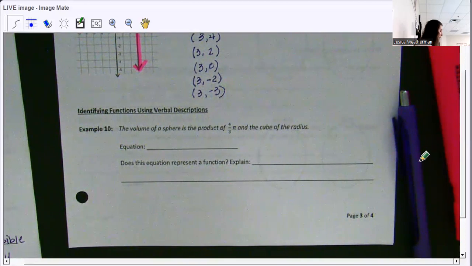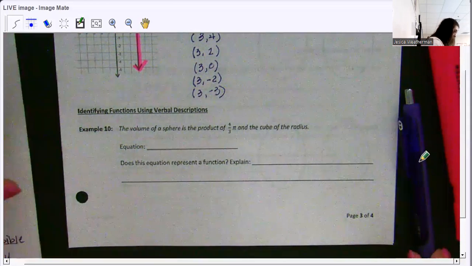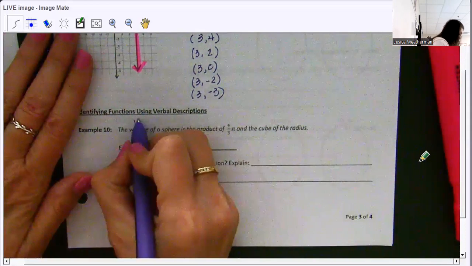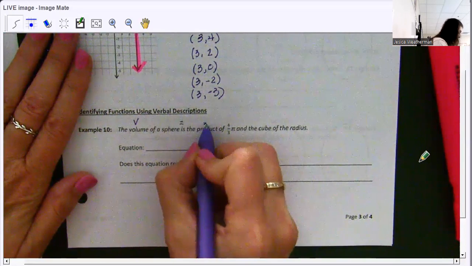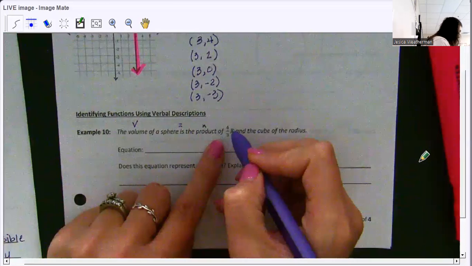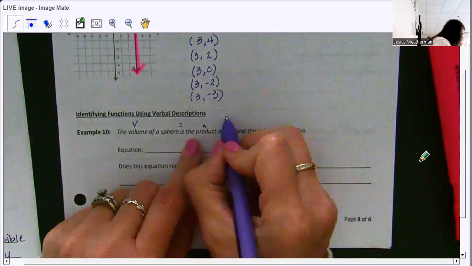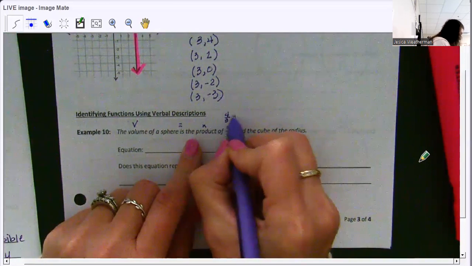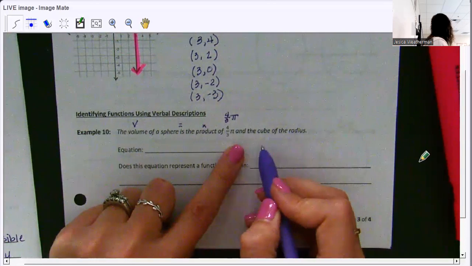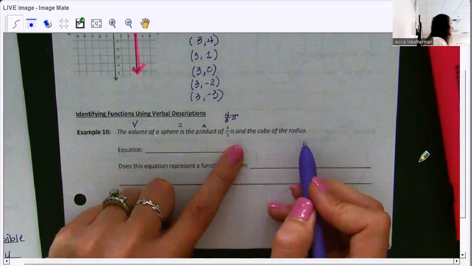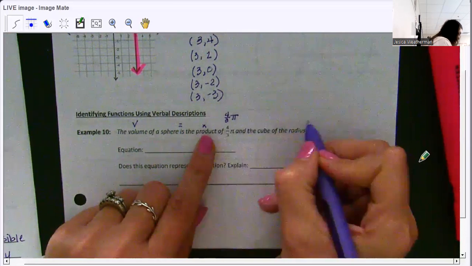Now we're going to do word problems. It says that the volume of a sphere is the product, that means we're going to multiply, of 4/3 pi and the cube of the radius. How do we write the cube of the radius? R cubed.